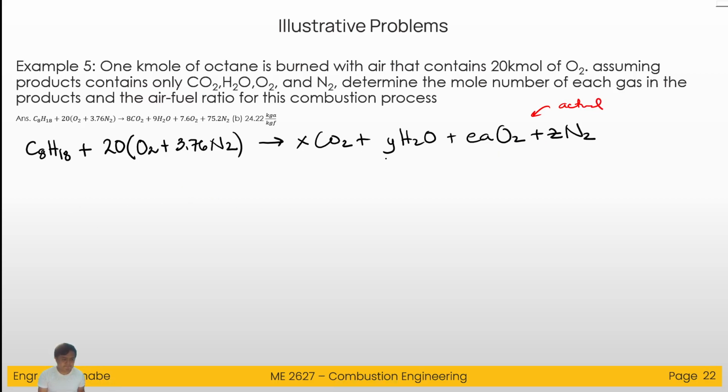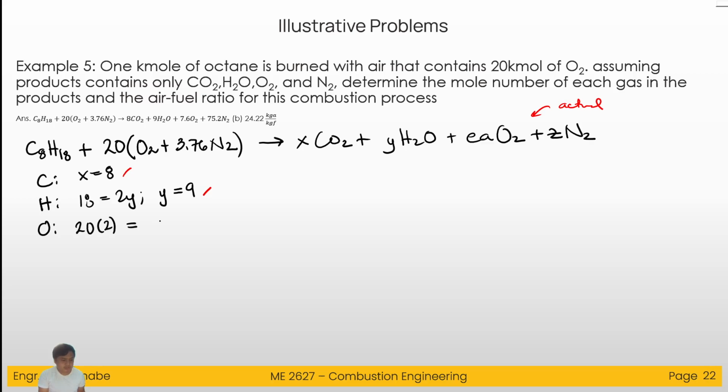So in here, we can start with the carbon first. The carbon is 8. For the hydrogen, 18 is equal to 2y, therefore y is equal to 9. For the oxygen, you have 20 molecules times 2.